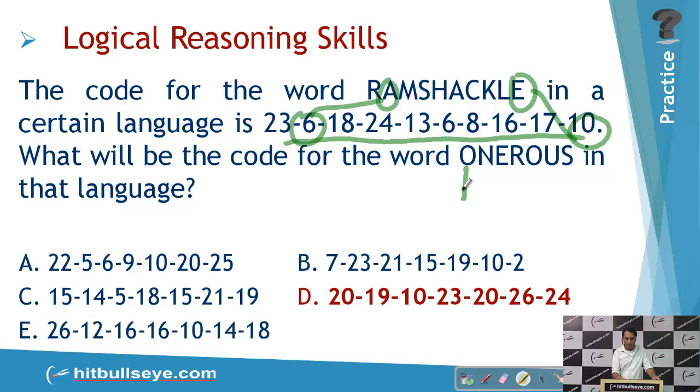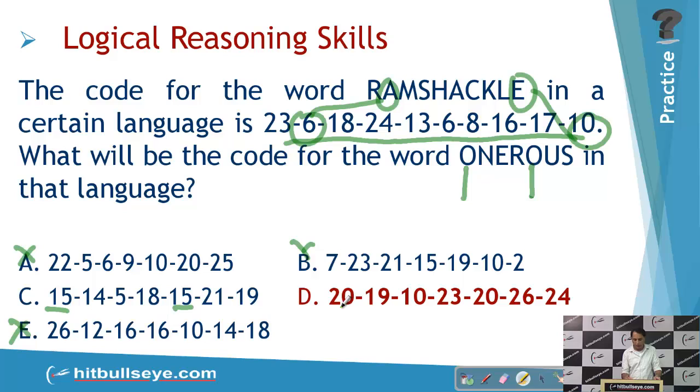You can look at the options and figure out that the 1st and 5th positions have an application of the same letter, which means that the decode should also give the same number. If I apply this logic, then obviously option A is out, option B is out, option E is out.